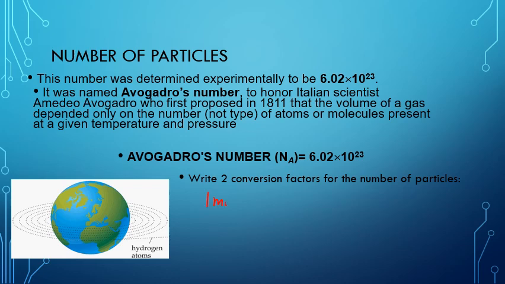I can either have 1 mole over 6.02 times 10 to the 23rd particles, and I'm just going to say particles because it can be any of those that we were talking about, or it could be 6.02 times 10 to the 23rd particles over 1 mole. Which one we choose depends on what units we're starting with, because again, we want to have the units cancel, one in the numerator, one in the denominator, when we're doing our math.